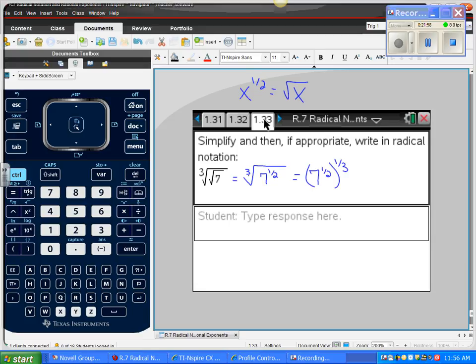Index, power. So when I raise a power to a power and multiply, I get 7 to the 1/6 power. And as a radical, that would be the 6th root of 7. Another way to look at this is the index here is 2, the index here is 3. You multiply. Okay?